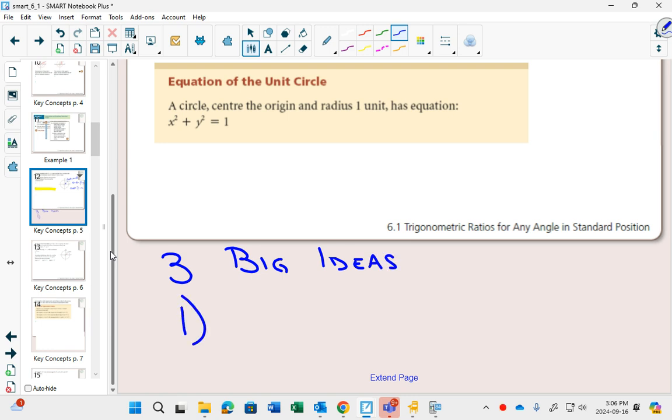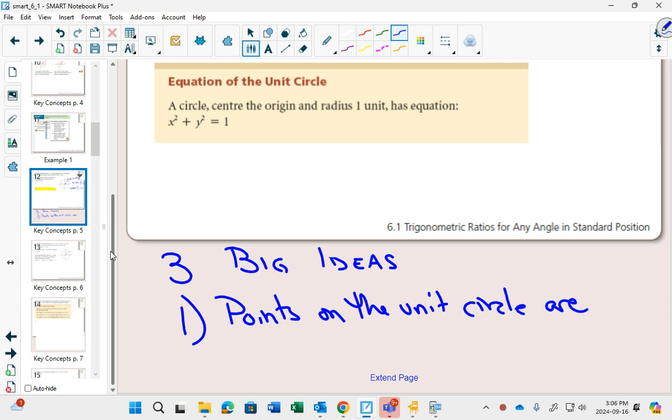Big idea number 1. Points on the unit circle are cos theta, comma, sine theta.